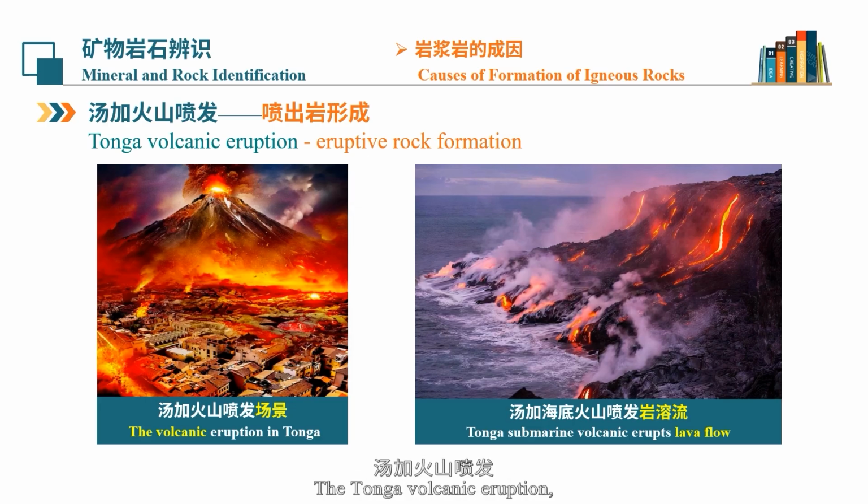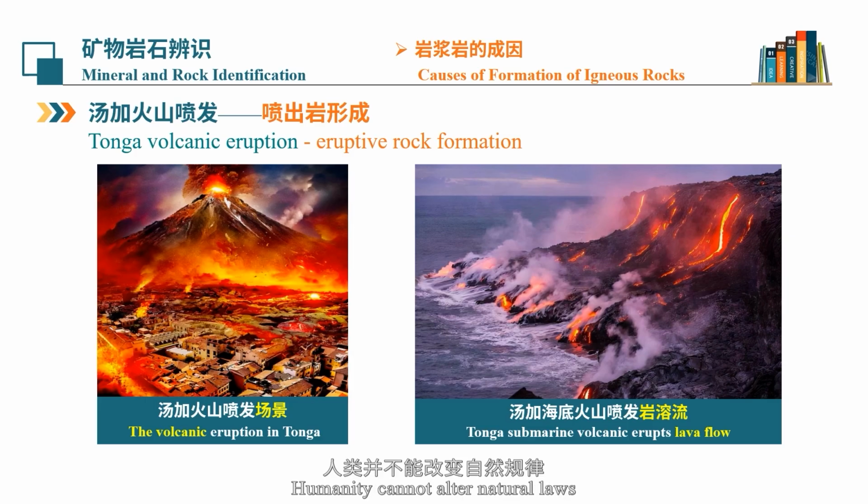The Tonga volcanic eruption, which occurred in an area of human activity, was, for the people living there, a natural disaster that humans could not prevent. However, in essence, it is simply the process of igneous rock formation. From this volcanic eruption, we gain a profound sense of how small humans are in the face of nature.